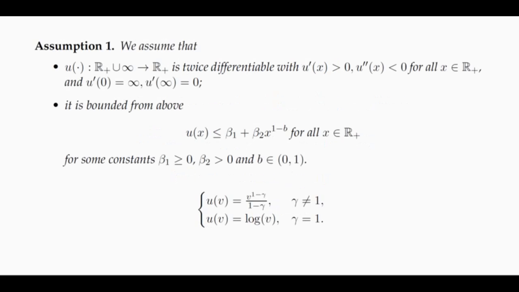So we make several assumptions. First, we assume that the utility function satisfies these conditions of being twice differentiable and strictly concave, with a derivative starting from infinity and ending up being flat toward infinity.